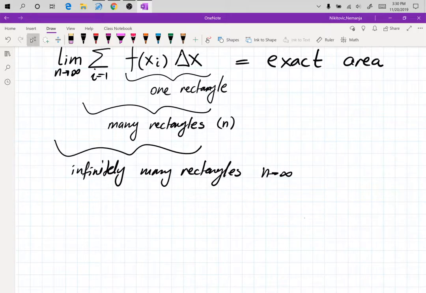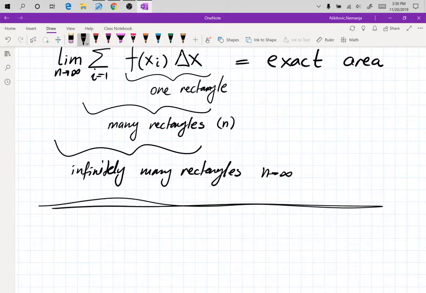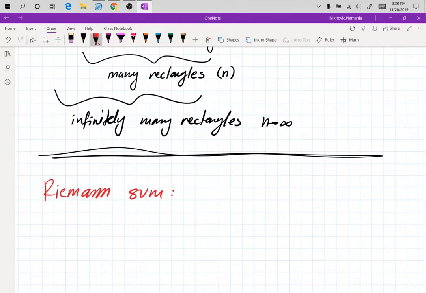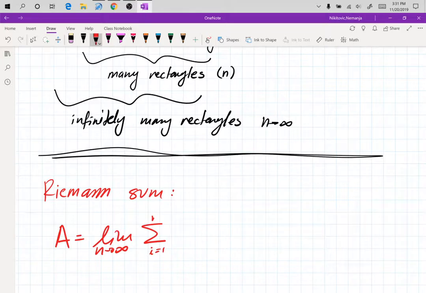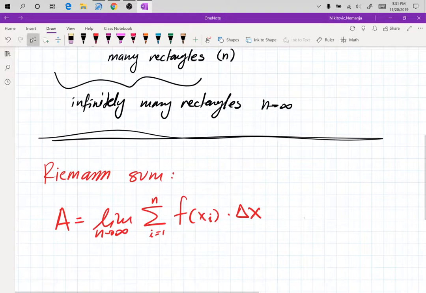So I have the Riemann sum, which gives us area equals the limit as n goes to infinity of the summation, i goes from 1 to n, of f of xi times delta x.